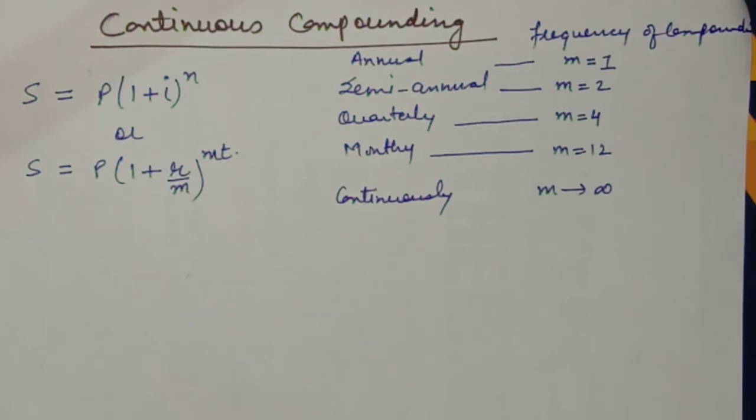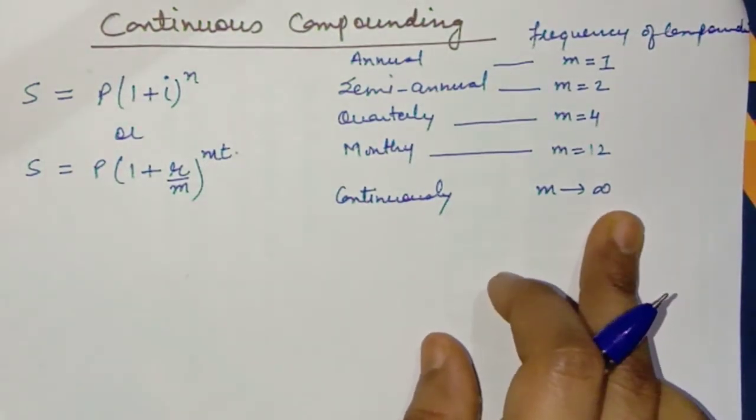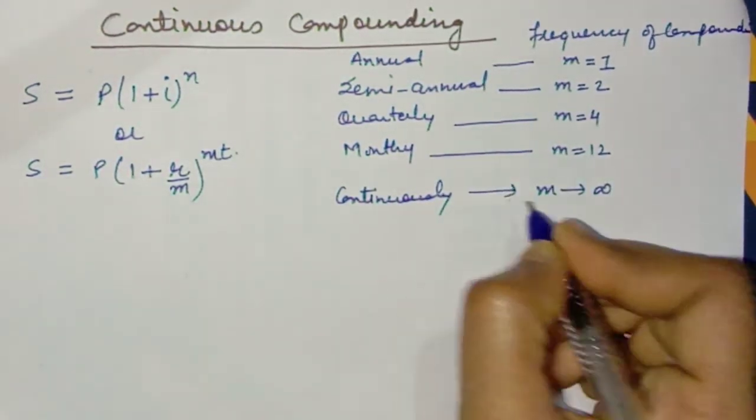Even if the compounding is on an hourly basis, we cannot call it continuous compounding, because in that situation also we will be able to find the value of m. So it is so frequent that m tends towards infinity in case of continuous compounding.